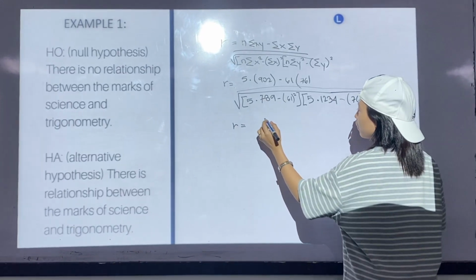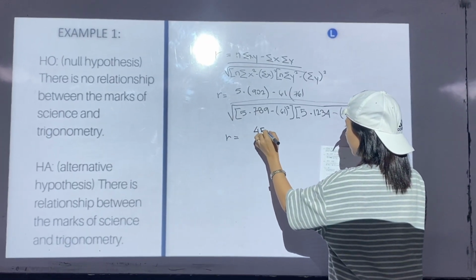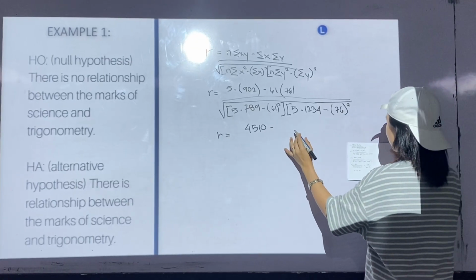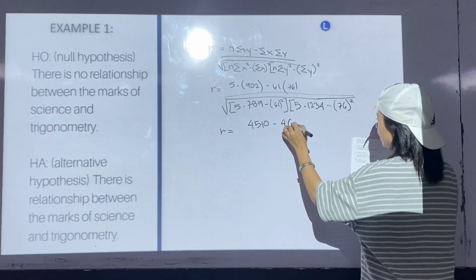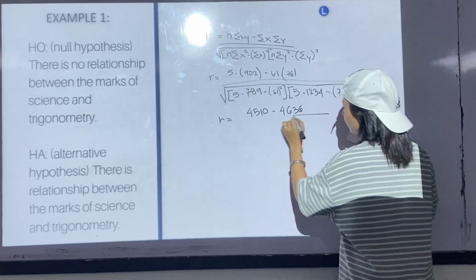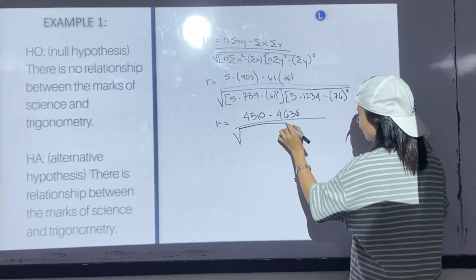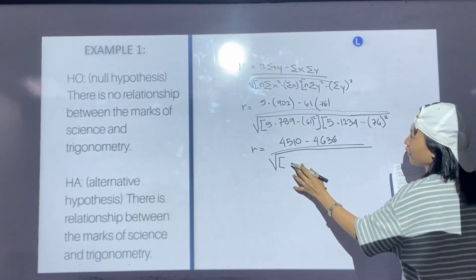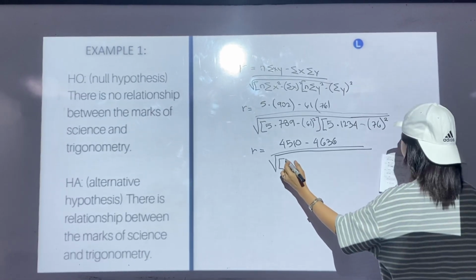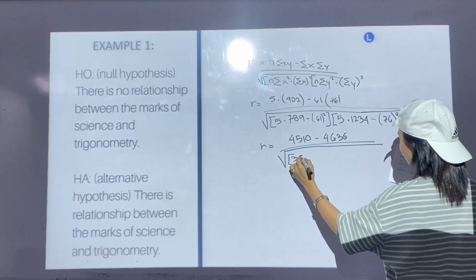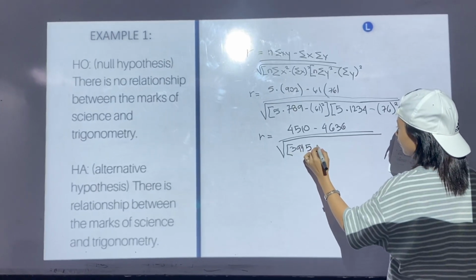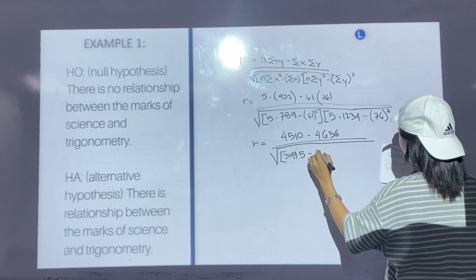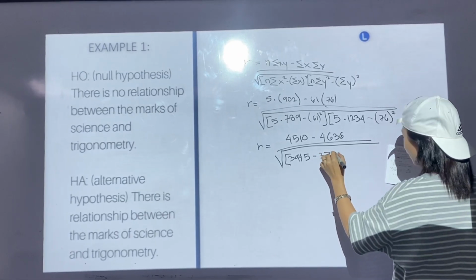Multiply the 5 and 902, that is 4510, and multiply the 61 and 76, that is 4636, all over the product of, then multiply the 5 and 789, that is 3945, and square the 61, that is 3721.